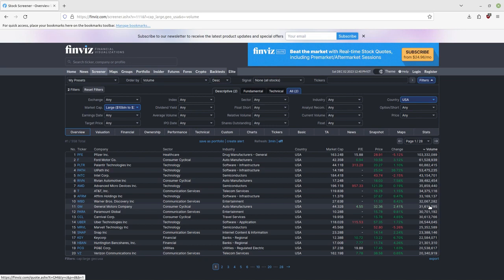So you don't want to be holding a bag. When you have low volume, you have low liquidity. A lot of times the spreads get bigger. In other words, the gap in price between the buyers and sellers can be a huge gap. And your stop losses might fill at a much worse execution than you would have gotten had you traded something with volume.